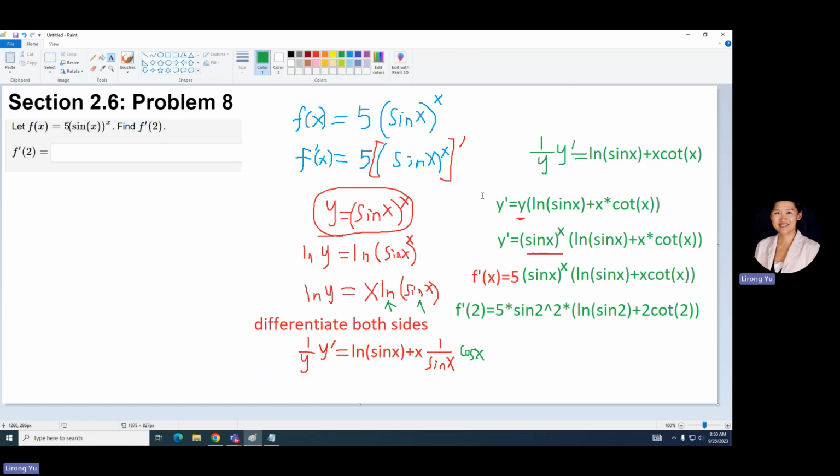If you define this as your y, say I define y equal to sine x with x, and you have 5 here, when you are taking the logarithm, then you have logarithm 5 plus logarithm this. And then when you're differentiating, of course, logarithm 5 is a number, which has a derivative of 0. And if this y involves the 5, when you plug in this y, there will be a 5 here. So that also partly affects how you answer the question.